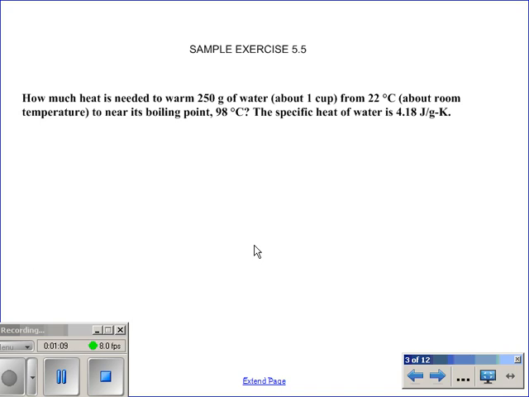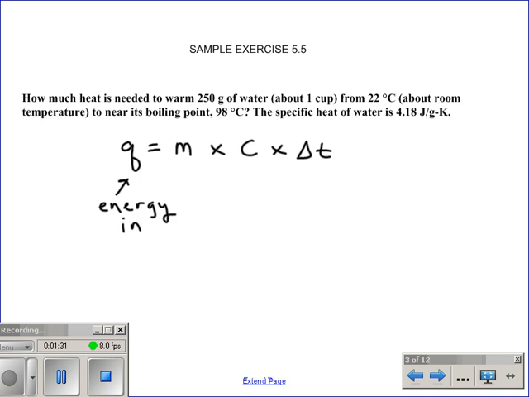So having said that, we have an equation that we need to use here, and it is our energy equation to calculate. It's Q equals M times C times delta T. To review what this means, Q is energy in joules. M stands for mass.